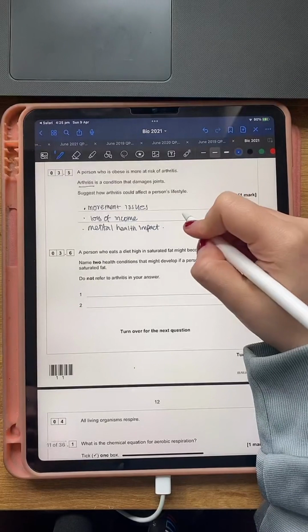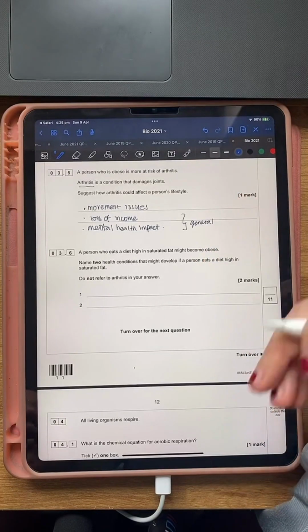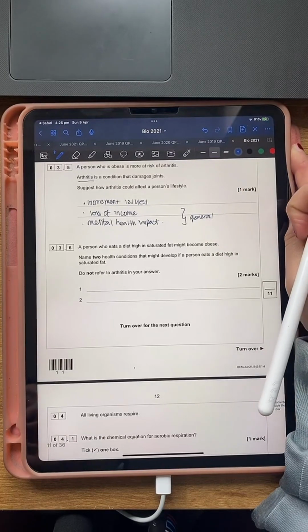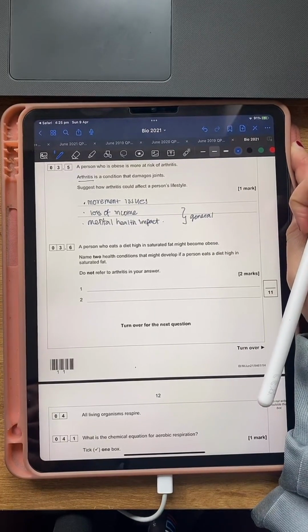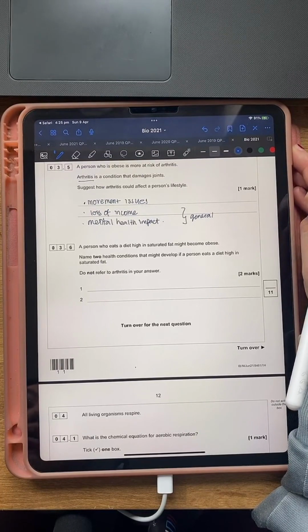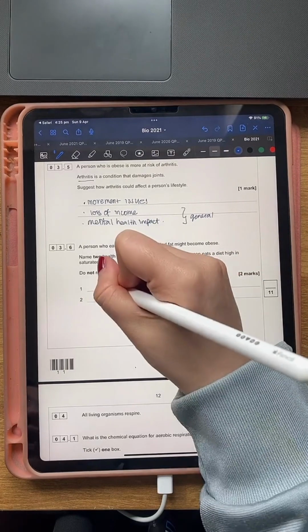A person who eats a diet high in saturated fat might become obese. Name 2 health conditions that might develop if a person eats a diet high in saturated fat. They can have coronary heart disease, so CHD. Type 2 diabetes, that's right.